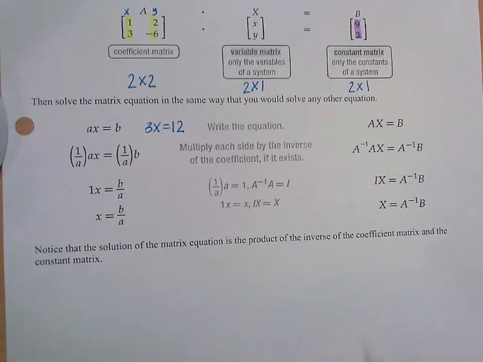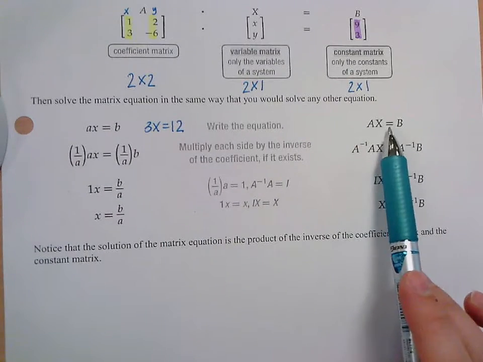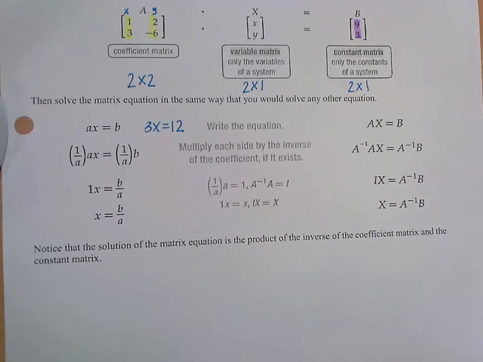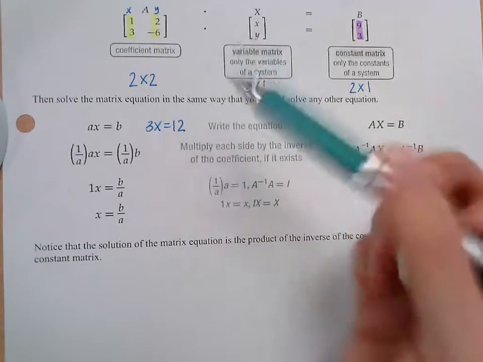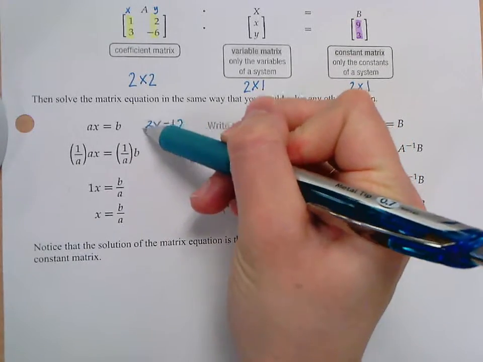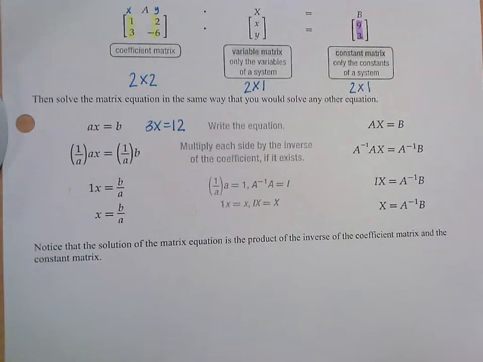We did talk about, or I mentioned Friday, that we don't have matrix division. So that's why we have the inverse matrix. Dividing is the same as multiplying by the inverse. So I could divide by 3, but that's the same as if I multiply by the inverse of 3, which is 1/3.